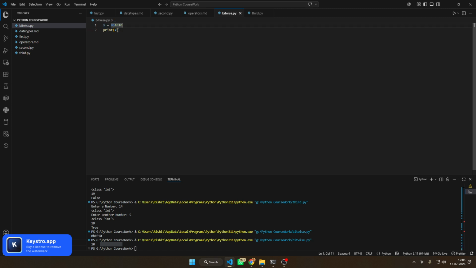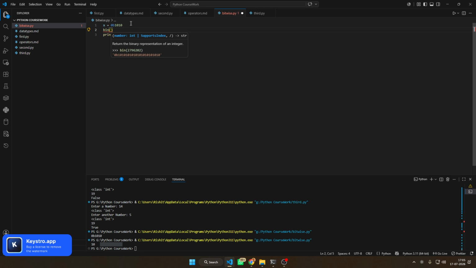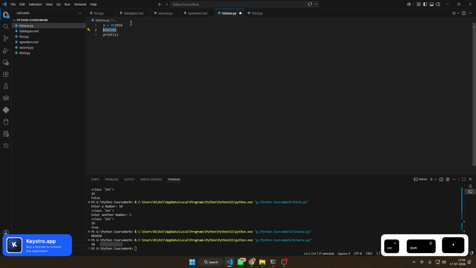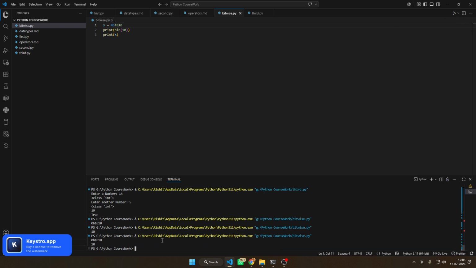So we can declare a binary number with 0b, and we can print the binary representation of a decimal number using the bin function. So there are some operators built into Python that help us work with binary numbers.